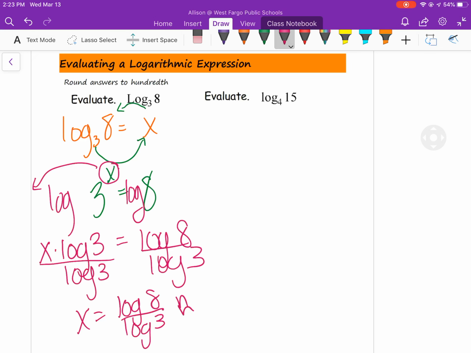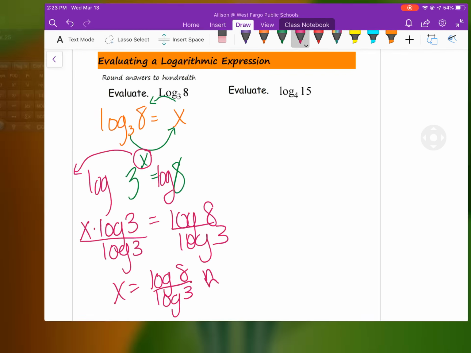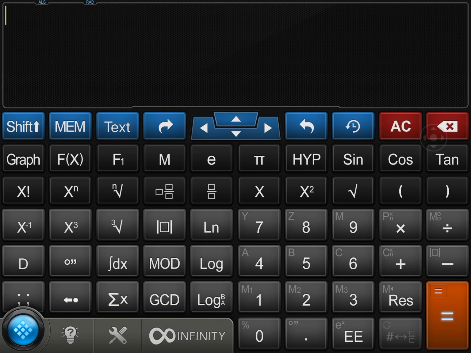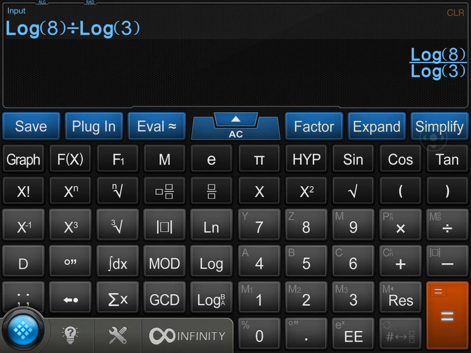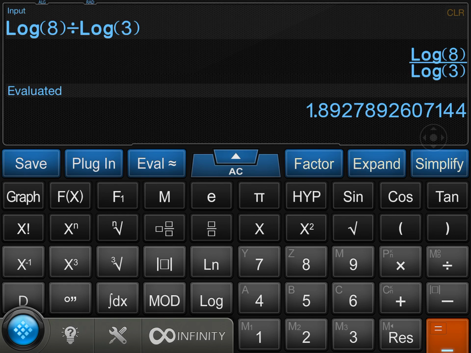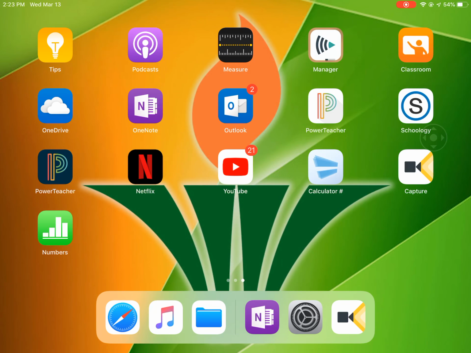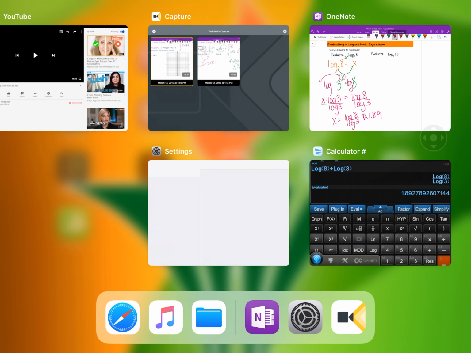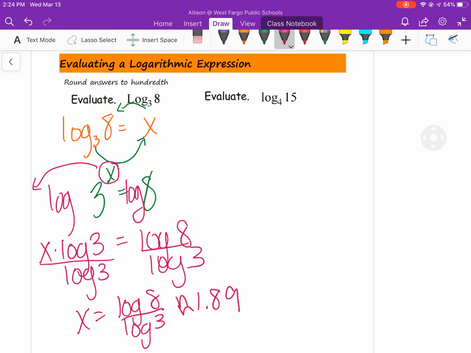And I could use a calculator to approximate that. Let's see if I still have that calculator open here. So I got log of 8 divided by log of 3. It's approximately equal to 1.8927, so 1.89 approximately. Just make sure I type that in correctly.